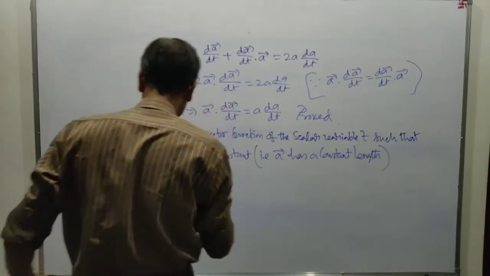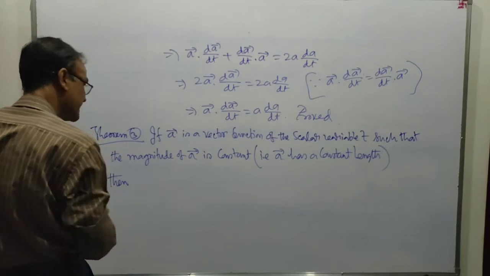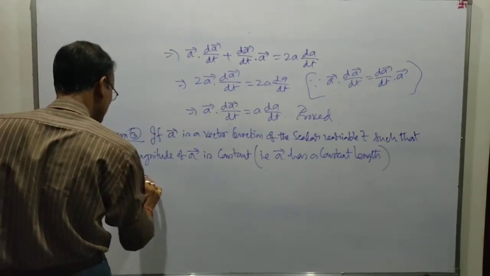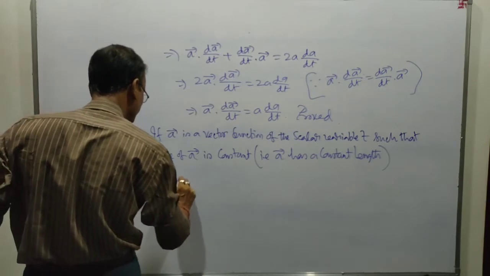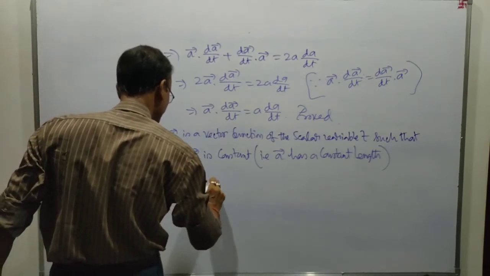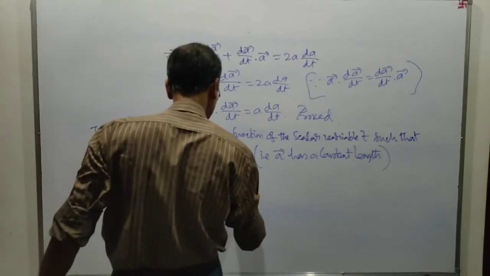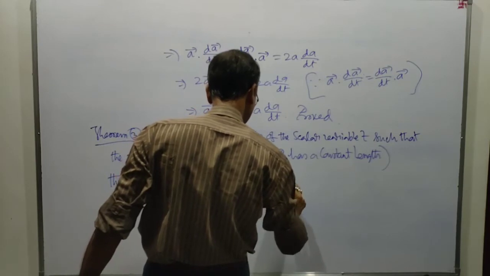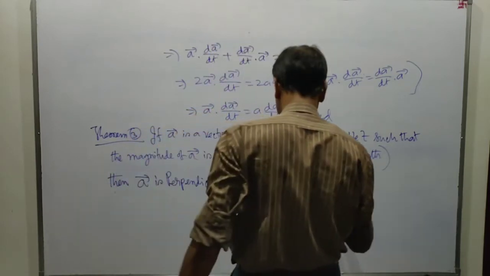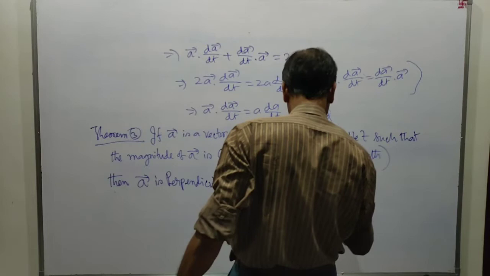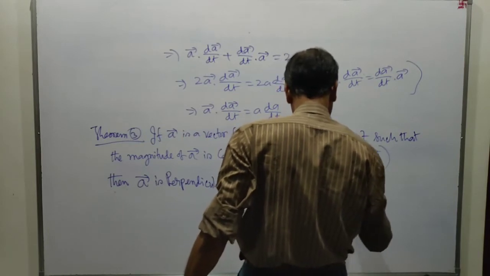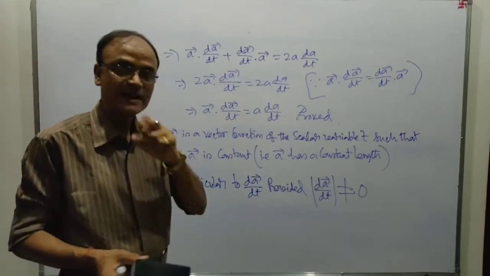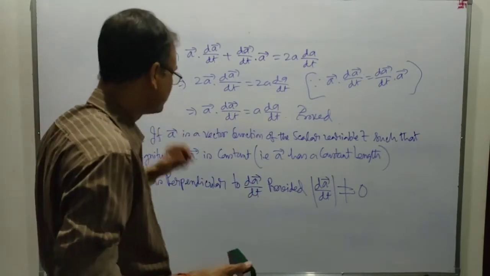Then A vector is perpendicular to dA vector by dt, provided the magnitude of dA vector by dt is not equal to 0. What is the theorem?